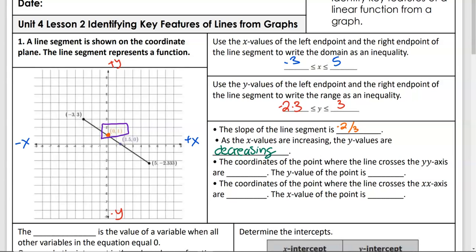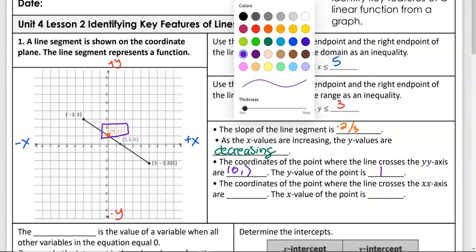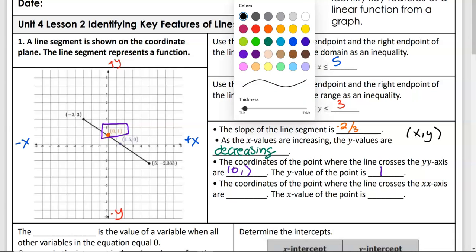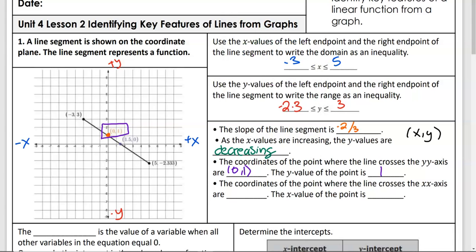Good. Which one of those is the y value? The 1. Coordinate points are written as x, y.